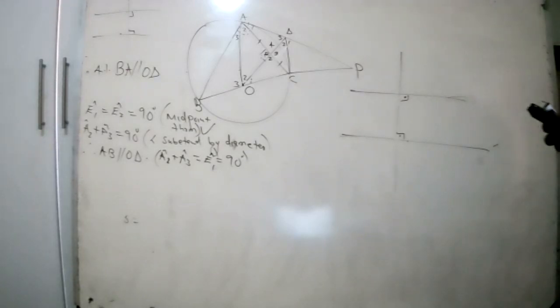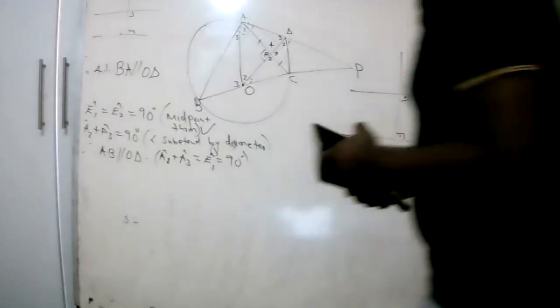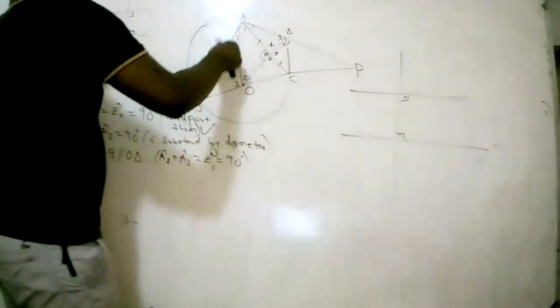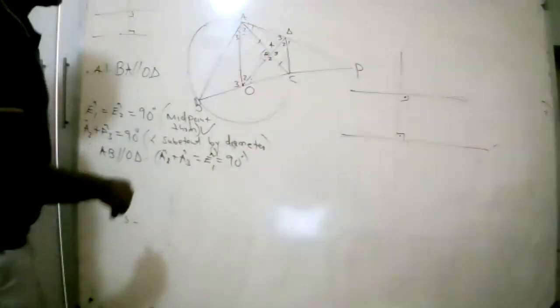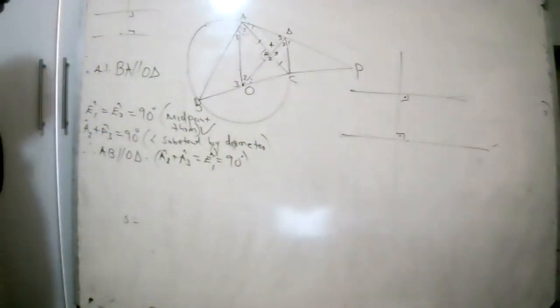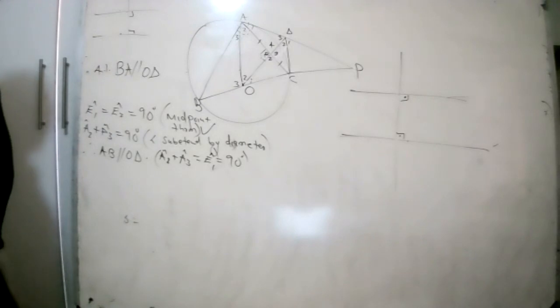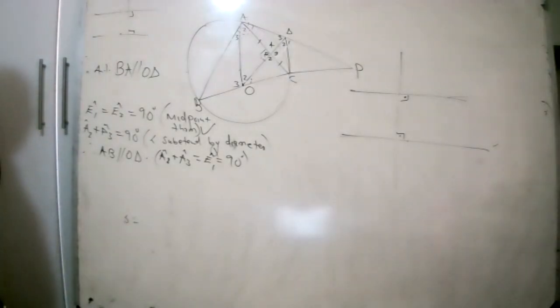All right, we can go to the second question. The second question is talking about a cyclic quadrilateral. We want to prove that AOCD is a cyclic quadrilateral. The question is, how are you going to show that this is a cyclic quadrilateral?